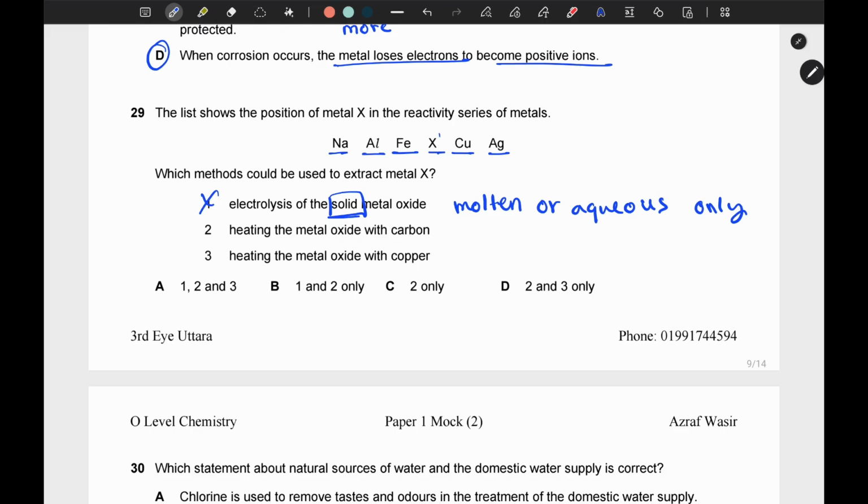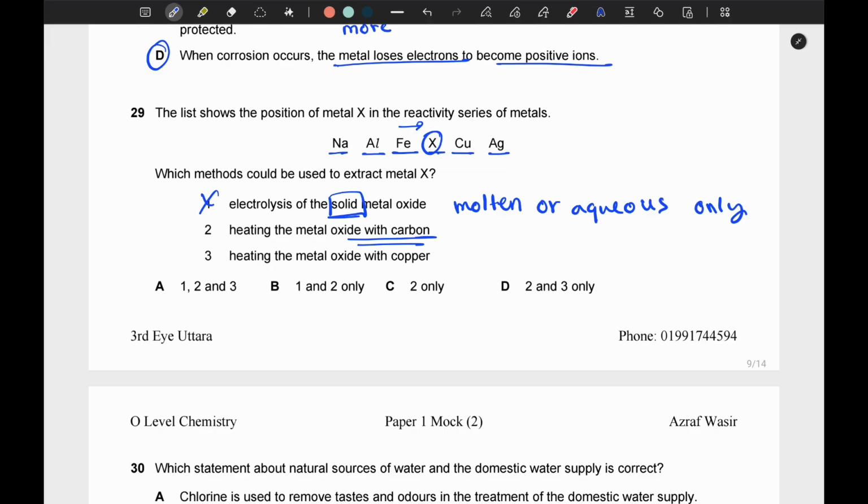Heating the metal oxide with carbon. Since X is below iron in the reactivity series, and since iron oxide can be reduced by carbon to extract iron, X will also react similarly. So the metal oxide of X can also react with carbon and reduction will take place.